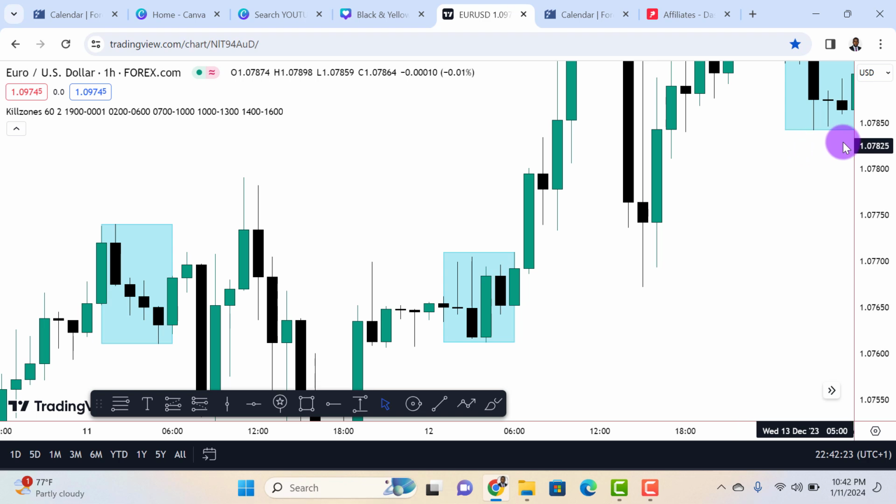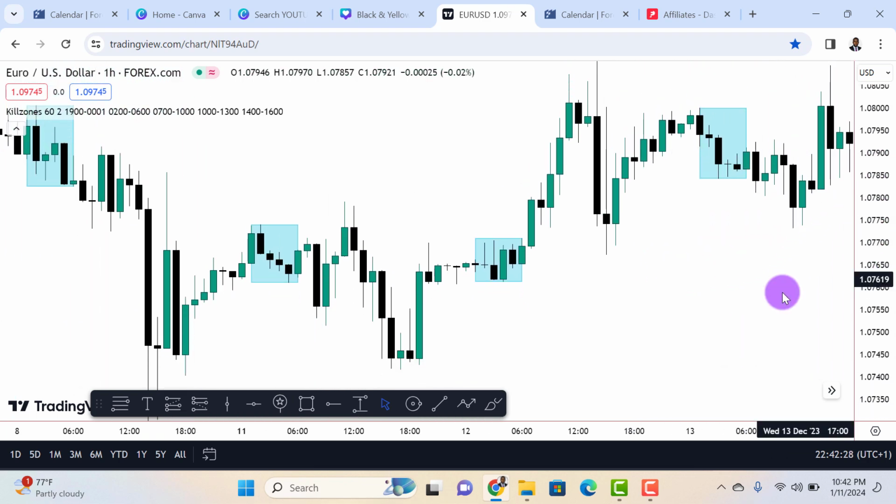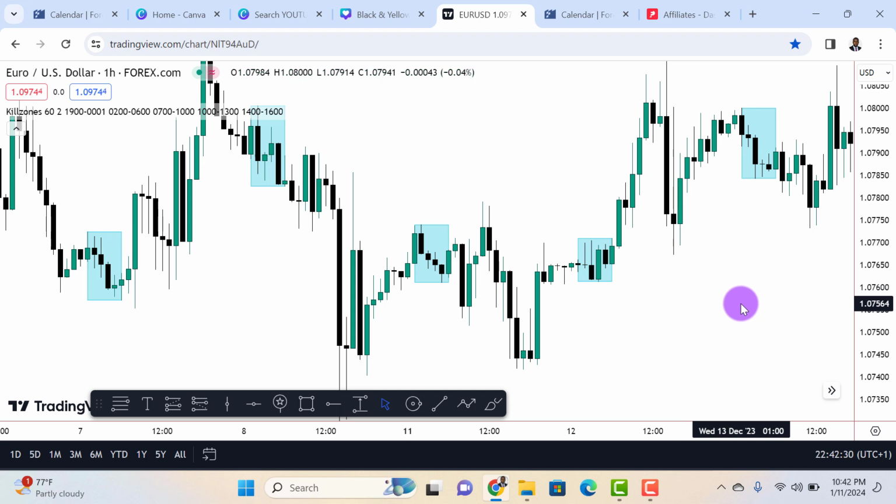This is another technicality in using order blocks. Sometimes you see more than one candle engulfing the previous candle consecutively, almost immediately. Those 2 or 3 candles should be classified as one candle. So this is 1, 2 candles that engulf the last sell candle here. All of these 2 candles should be classified as one candle.